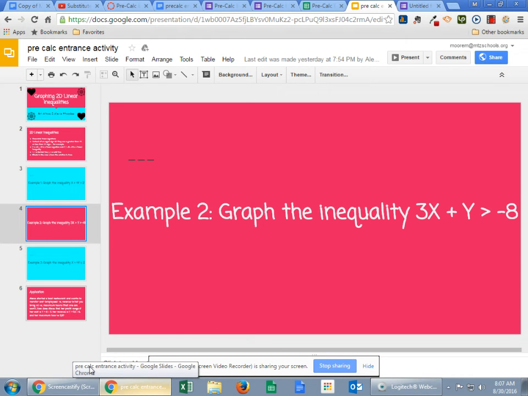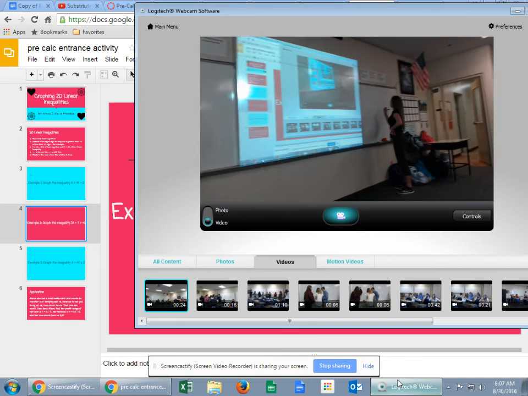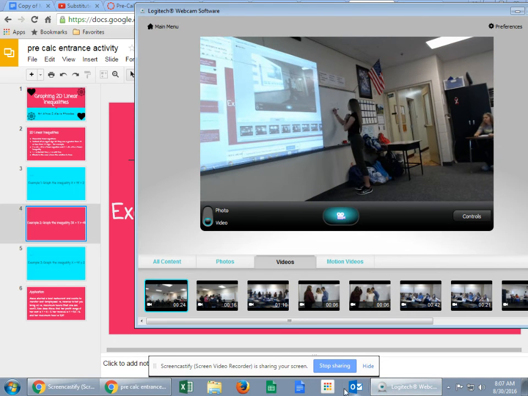So for the next example, we have 3x plus y is greater than negative 8. Like you said, you have to put it into slope-intercept form. So it's y is greater than negative 3x minus 8.